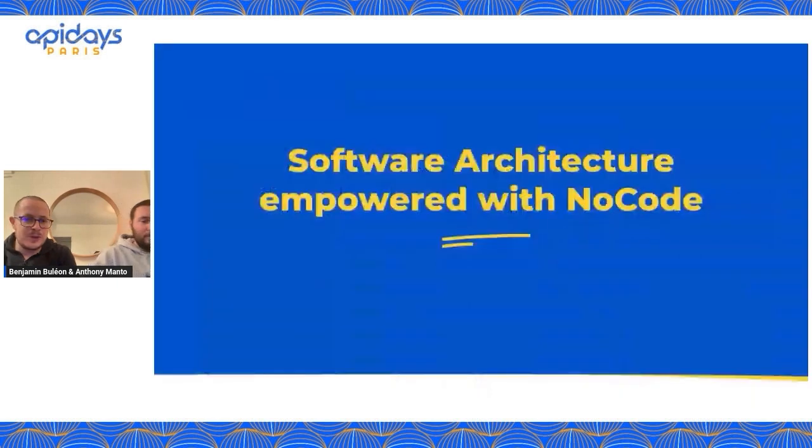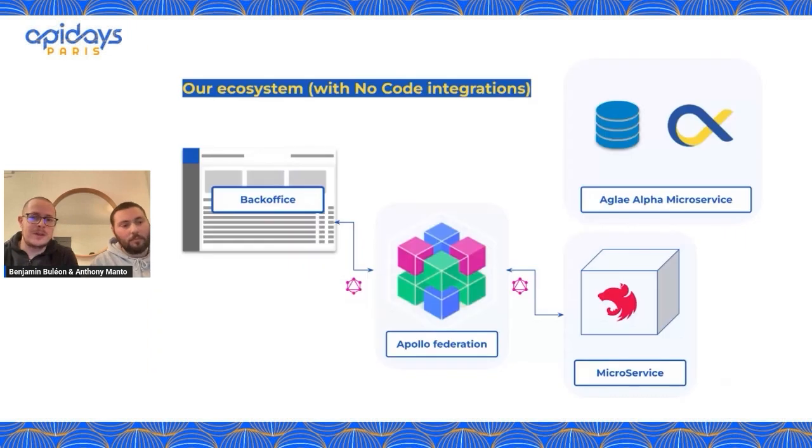Okay, so that was a lot, but now we will see how we can integrate this new Aglaé Alpha system into our software architecture. For now, we have this new piece of software that is floating around in our architecture. It is not linked to anything yet.